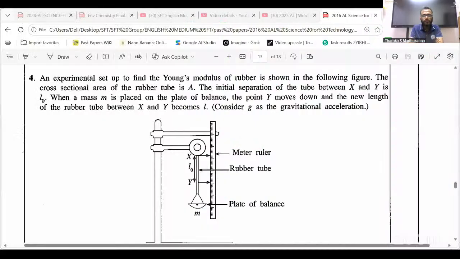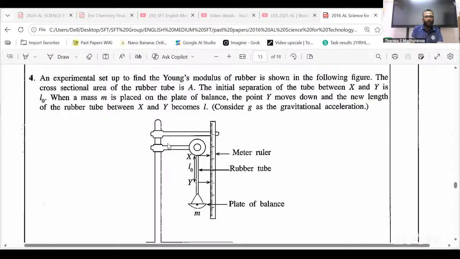Okay, and next, this is the 2016 question number 4. An experimental setup to find the Young's modulus of rubber is shown in the following figure. The cross section of the rubber tube is A and the initial separation of the tube between X and Y is L naught.